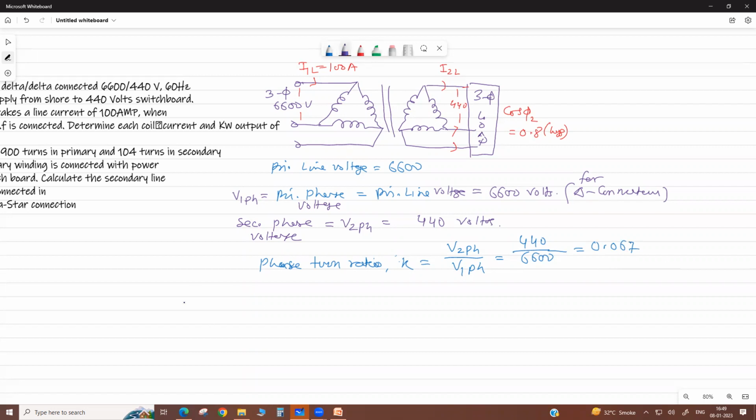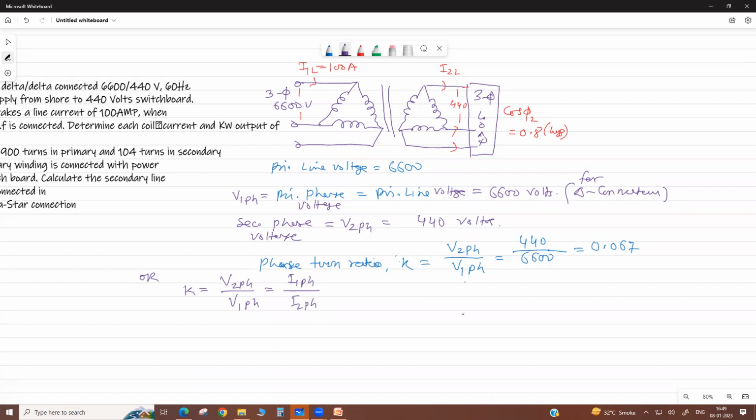Now use the turn ratio K equals V2 phase by V1 phase, and then current is I1 phase by I2 phase.